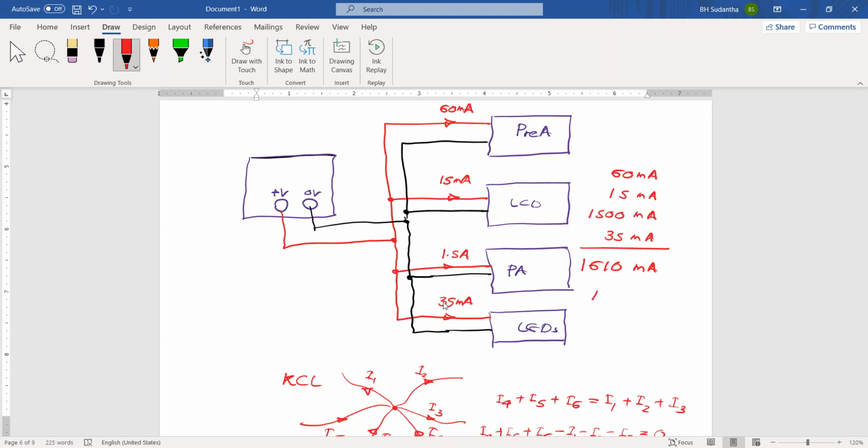Or you can say it's 1.61 amperes. Yes, this is Kirchhoff current law. Kirchhoff introduced two laws, Kirchhoff current law and Kirchhoff voltage law. So this is Kirchhoff current law.